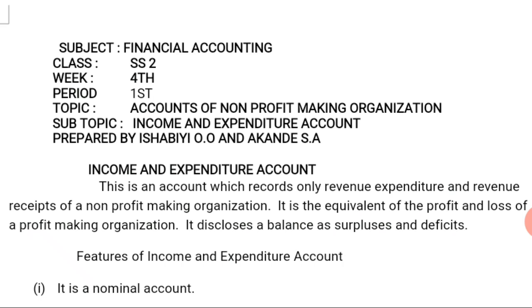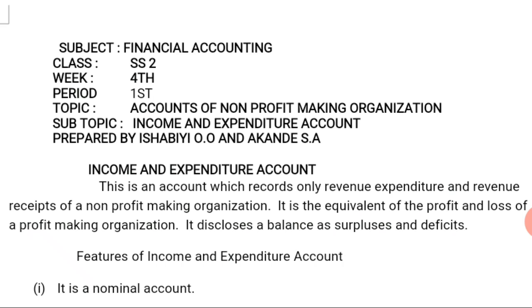So today we are going to be looking at how to prepare income and expenditure accounts. But before preparation, we need to introduce the account to us. What do we mean by income and expenditure account?